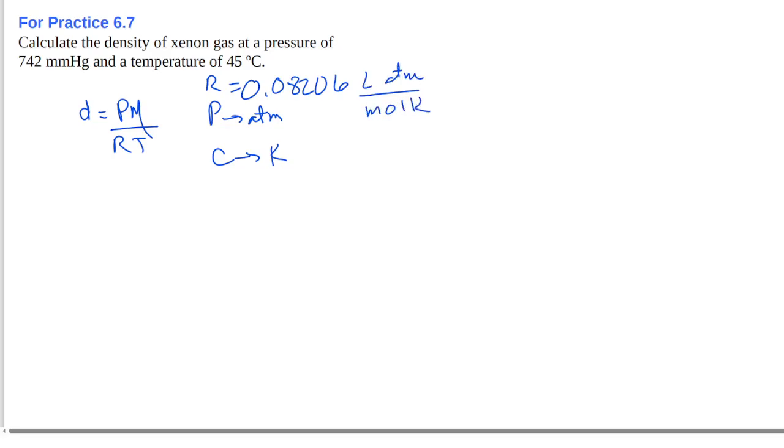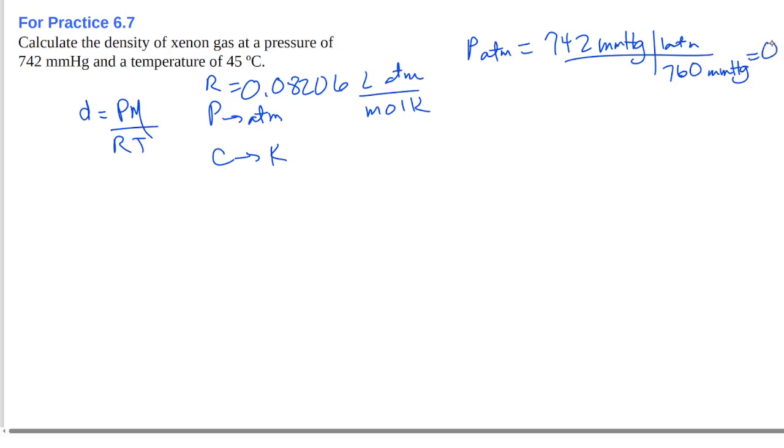All right, so the pressure in atmospheres is equal to 742 millimeters of mercury, and 1 atmosphere is 760 millimeters of mercury.